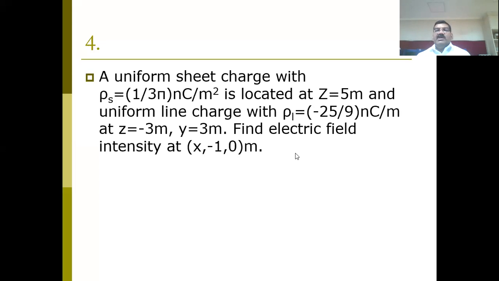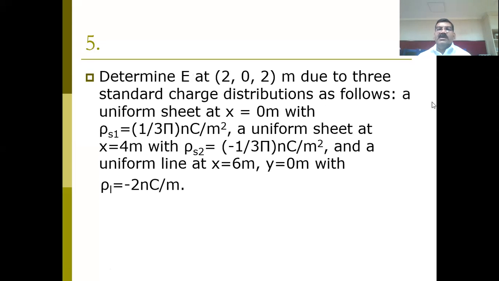Now we will go further. Now here the next numerical is: determine E at (2,0,2) meter, that is the electric field intensity, due to three standard charge distributions as follows. A uniform sheet charge at x equals 0 meter with rho s1 equals 1 by 3 pi nanocoulomb per meter square.